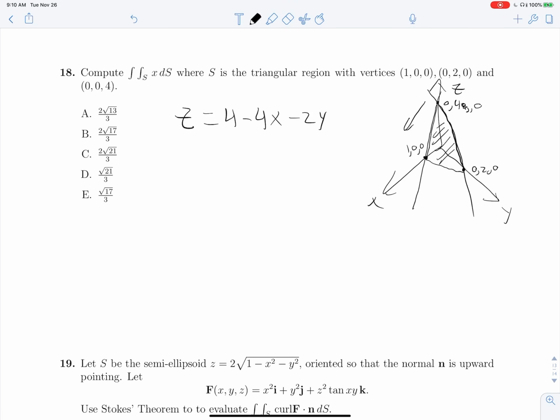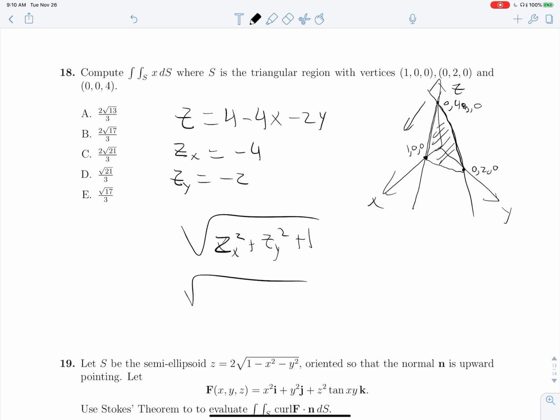And so we know that we can mess with this surface integral here with zx and zy, because we're going to need the square root of zx squared plus zy squared plus 1, and that will help us turn it into a rectangular integral. This is going to be -4, this is going to be -2, so our square root becomes 16 plus 4 plus 1, or root 21.